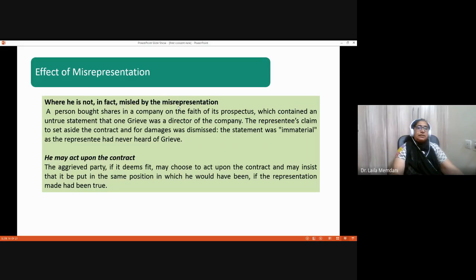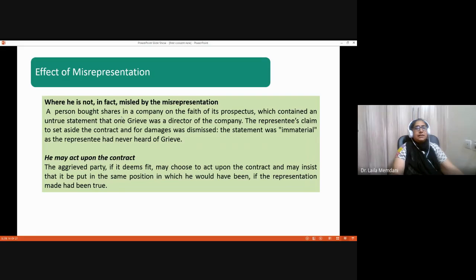where he is not in fact led by misrepresentation. His decision was not based on misrepresentation. He cannot avoid the contract. Like Mr. A bought the shares of the company on the faith of its prospectus, which stated that there is some Mr. Grieve who is the director of the company.